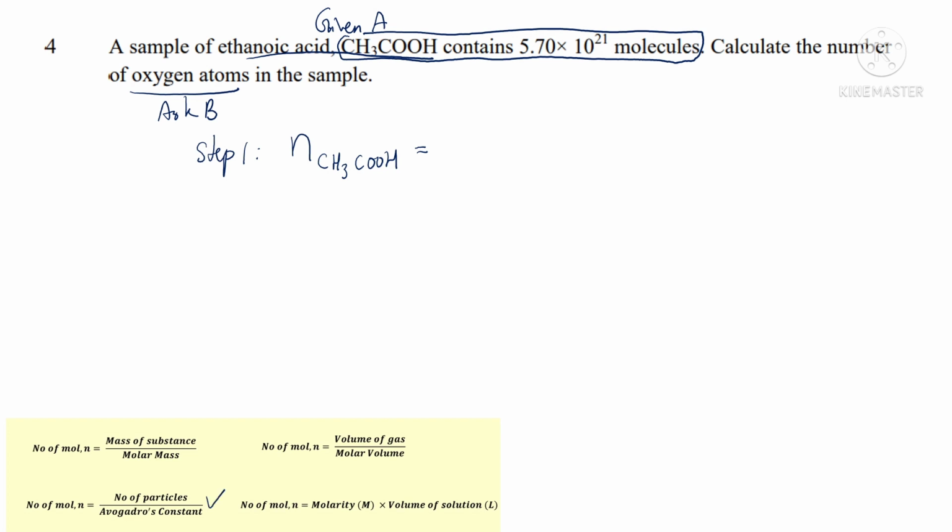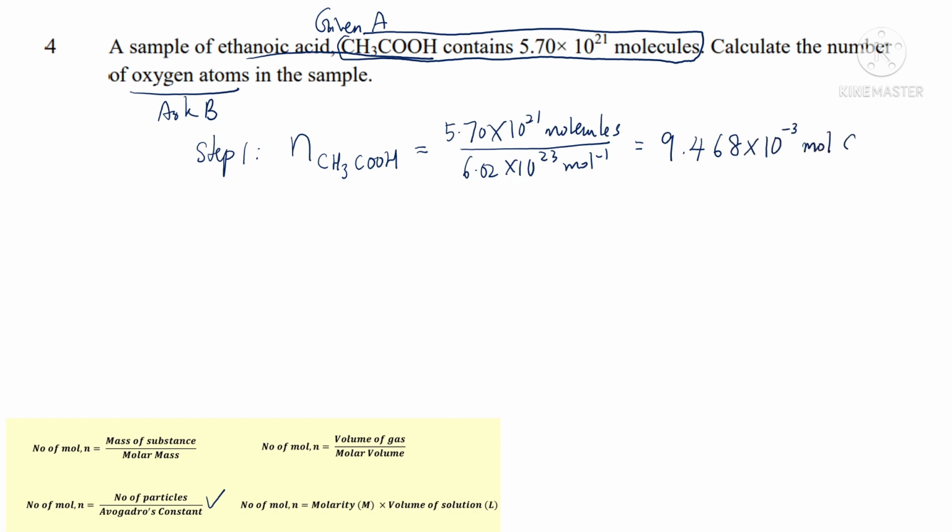The number of particles given is 5.7 times 10 to the power of 21 molecules, and the Avogadro constant is 6.02 times 10 to the power of 23 per mole. So that will give us the number of moles of ethanoic acid as 9.468 times 10 to the power of negative 3 mole of ethanoic acid.